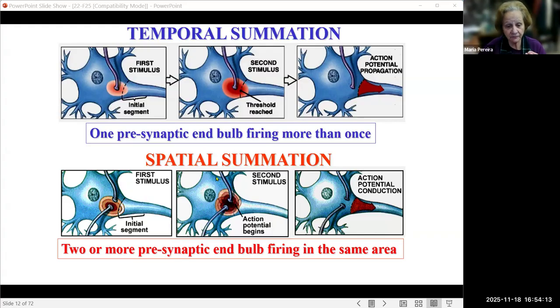So you add up the effect of these two, and they might reach threshold. So they're firing at the same area, all in one cell, correct? Exactly. So it's the effect at one postsynaptic neuron.